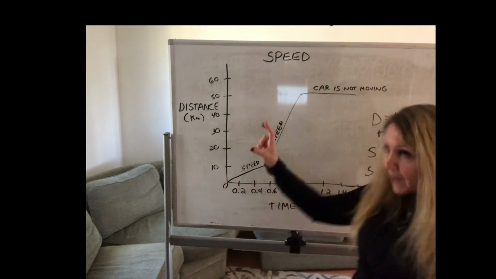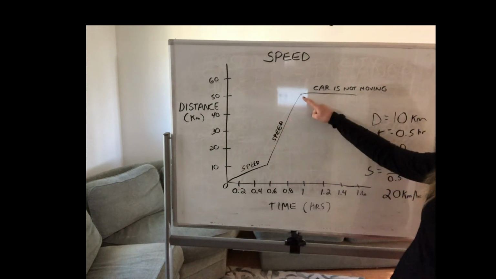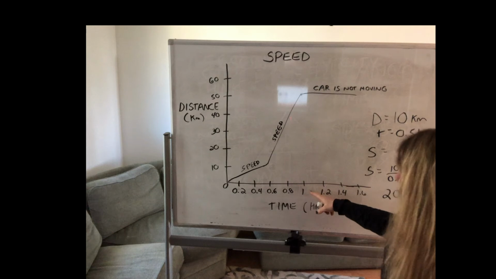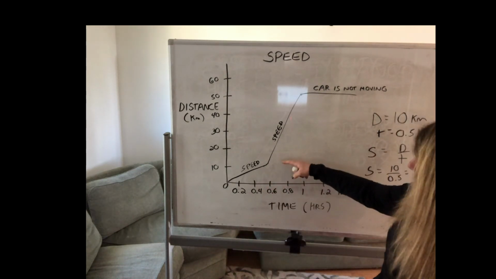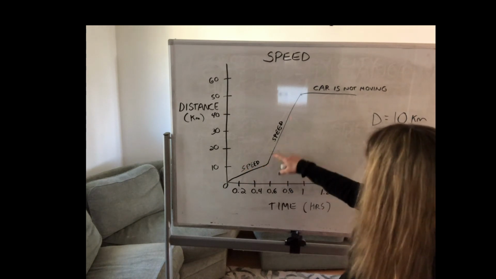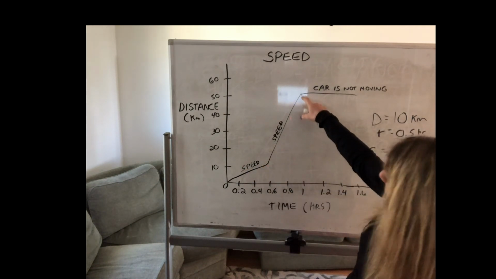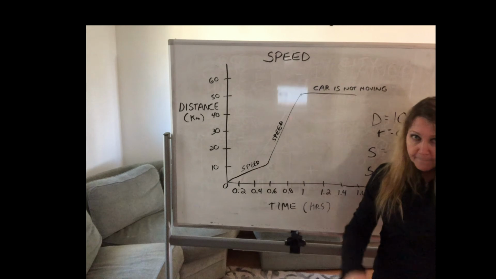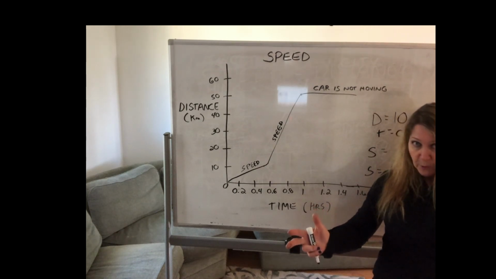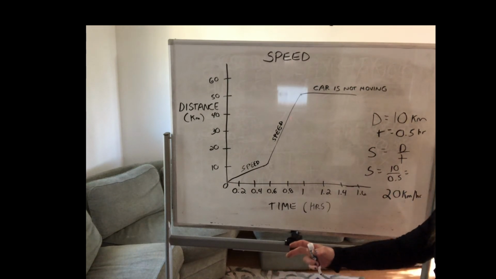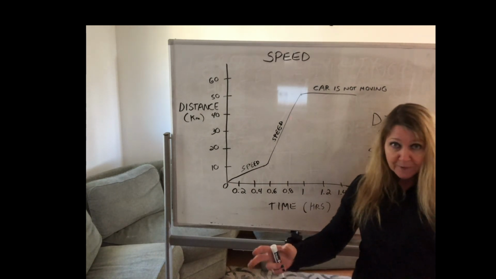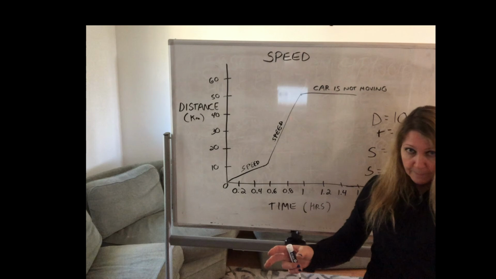I want to figure out the average speed from here to here. 0.5 to 1.5 hours is the time. And then the distance, we're going from 10 to 50. So the difference is 40. So the distance is going to be 40 kilometers. And the time will be 0.5 hours.